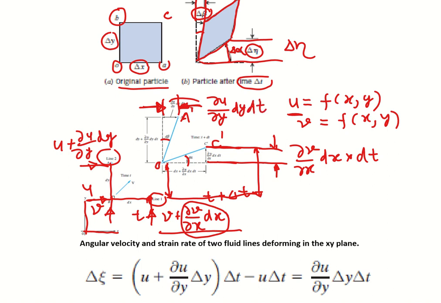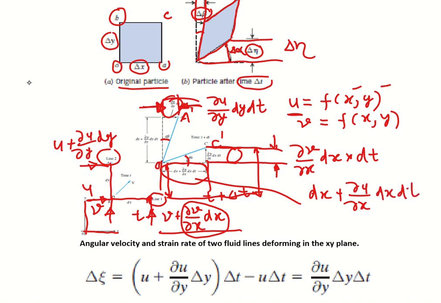Now with the help of these distances, because this distance is equal to what? From this point to this point, since u is a function of x and y both, this will be equal to dx plus del u over del x into dx into dt.